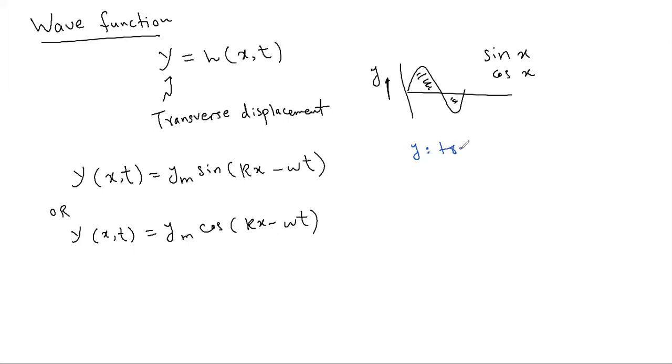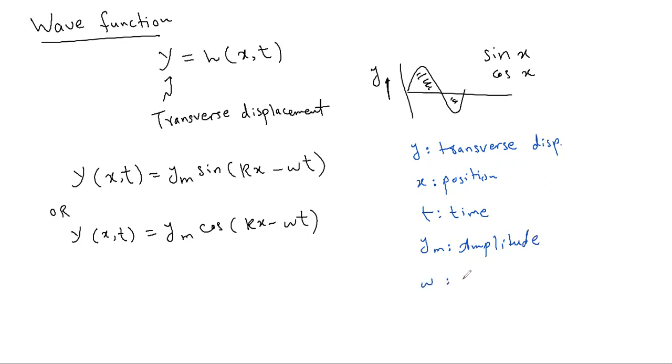So in this equation, y is transverse displacement, x is position, it can be any position, t is time, ym is the amplitude, or the maximum transverse position.